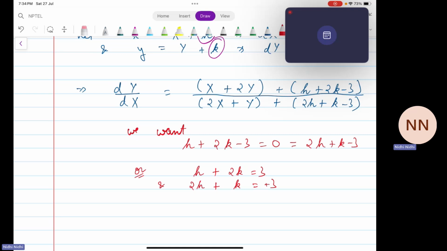Then the constant terms will be 0 and we would be left with only this much part, which can be made homogeneous.